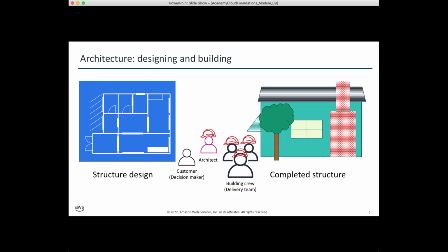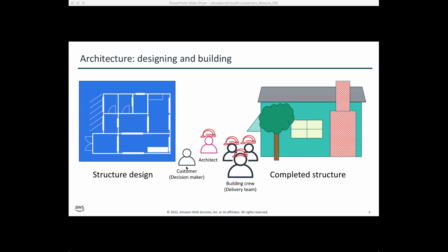You can see that architecture in general is what? It's basically a procedure, architecting, you can say an art or science, for doing things in the right way. As you can see in this image, you have this completed building structure. It starts from structural design first, and there are decision makers.